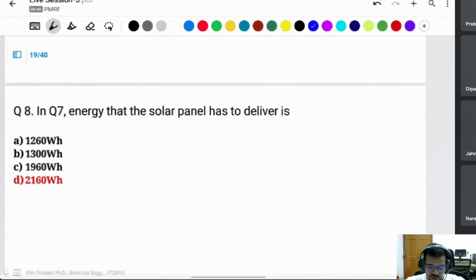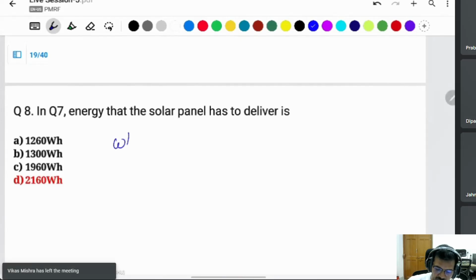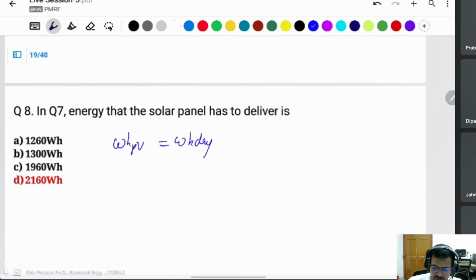In the same question, consider the energy that the solar panel has to deliver: daytime plus night time, divided by battery efficiency.